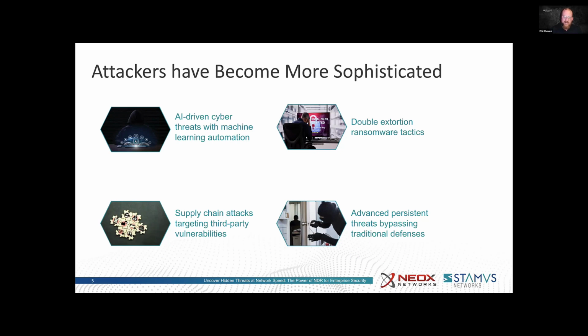We in the cybersecurity space have been talking about attackers becoming more sophisticated every year, right? So that happens all the time. But now with AI-driven cyber threats, where the attackers actually have some abilities to use large language models to build out their phishing emails, it's becoming much more sophisticated and much harder for our users to understand what it is they're looking at.